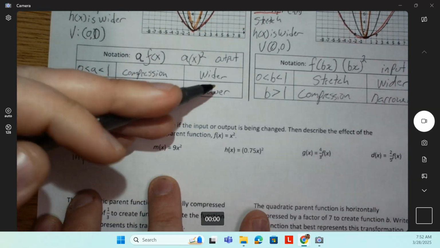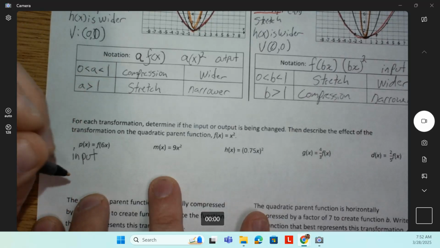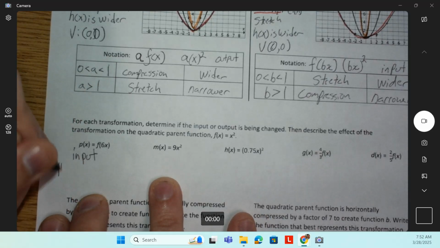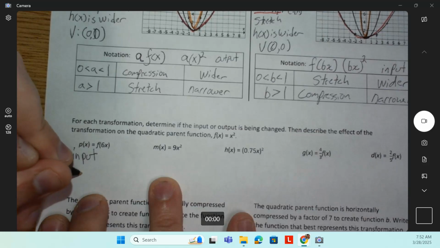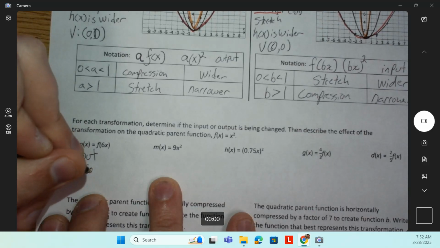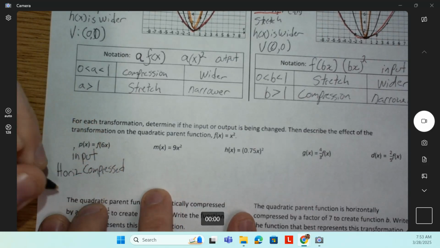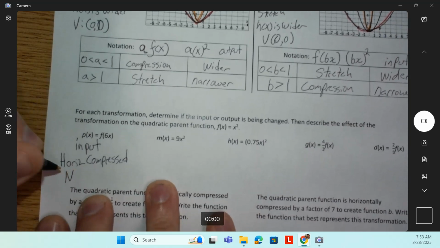And it's by a whole number, so it's going to be horizontally compressed, which would make it narrower.